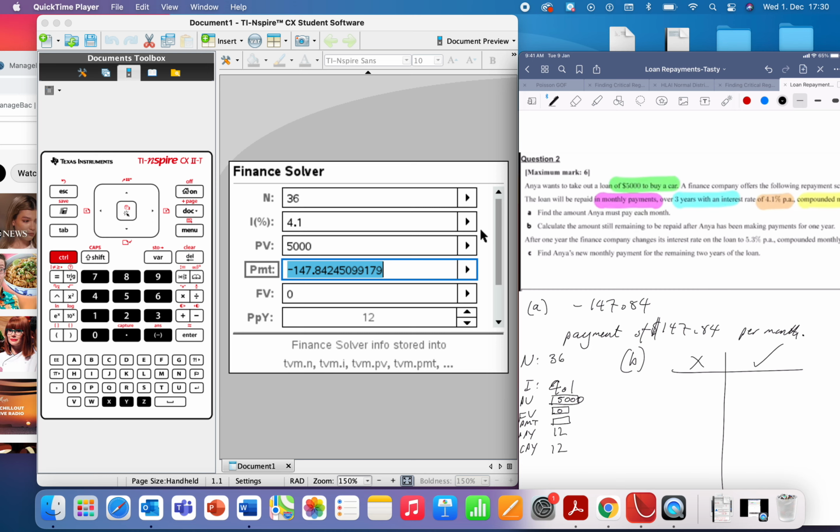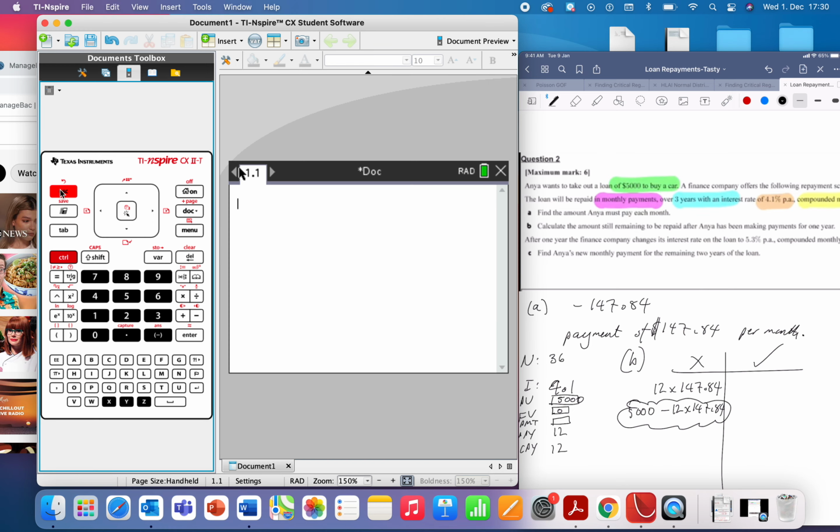The incorrect way is thinking, well, actually I've made 12 payments of 147.84, and then I'm going to do the 5,000 subtract 12 times 147.84, right? Kind of makes perfect sense, but I'm afraid it's a little bit more complex than that. So let's put the answer down for that, and let's see what happens.